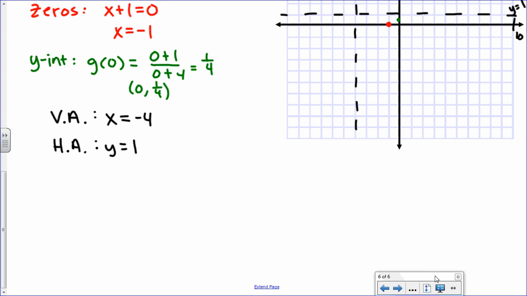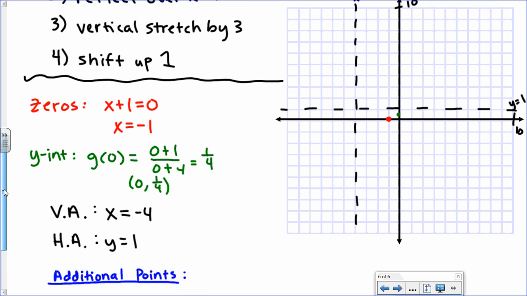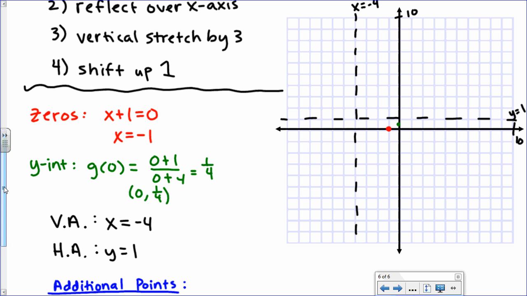Okay, so now we need some additional points. Your vertical asymptote is what divides your graph. So I have 2 points. Both of those points are right of this vertical asymptote.